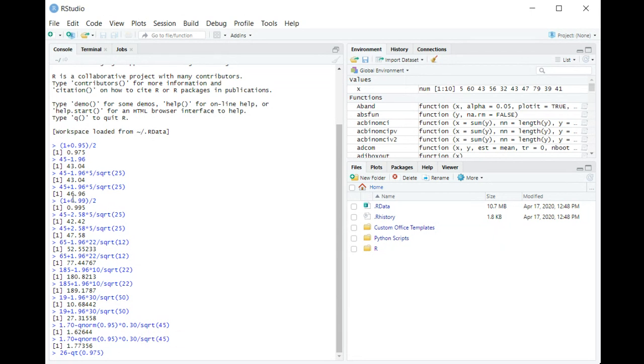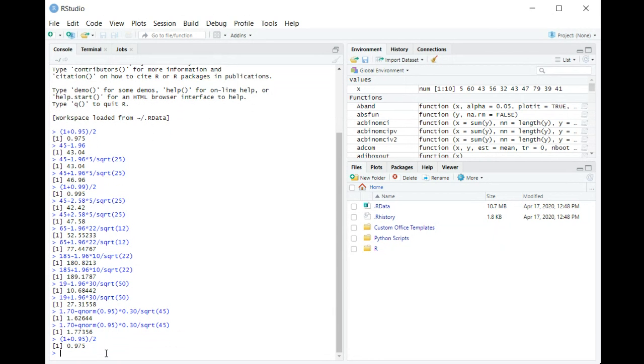I did the same thing, I just, instead of 99, it's 95 here, which is this one, I think. I'm just going to show you guys. So it says 95, right? So 1 plus 0.95, and then I would just do divided by 2, and so we're going to use this number.